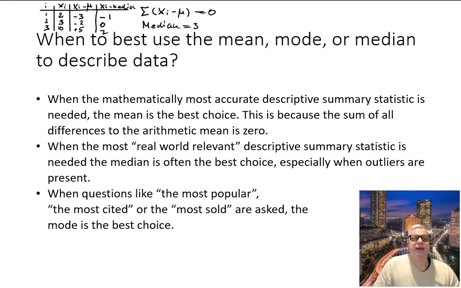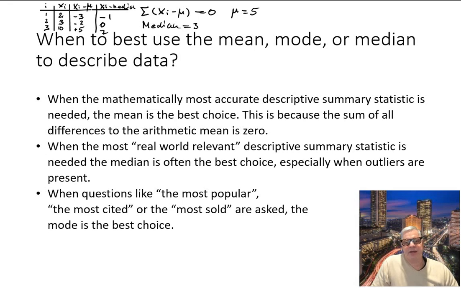So in this case, the total deviations from the median is negative 1 plus 7, total 6. So in this case, because the mean was 5 and it is greater than the median, we would conclude that the distribution is actually skewed to the right.